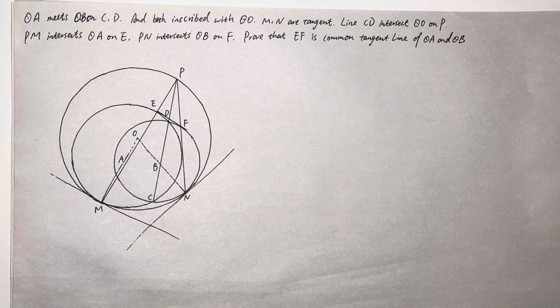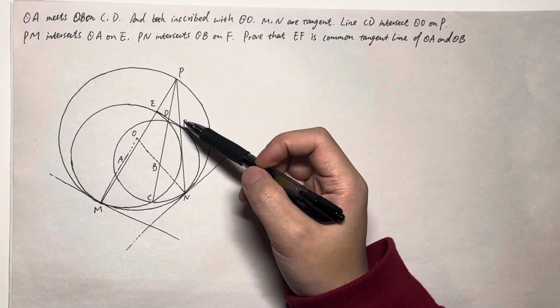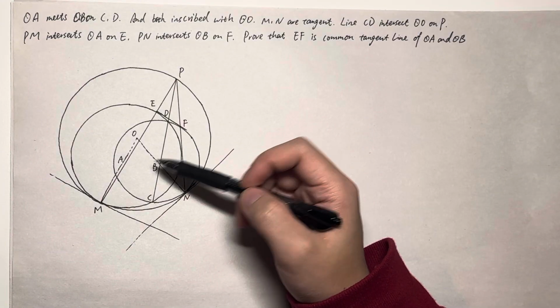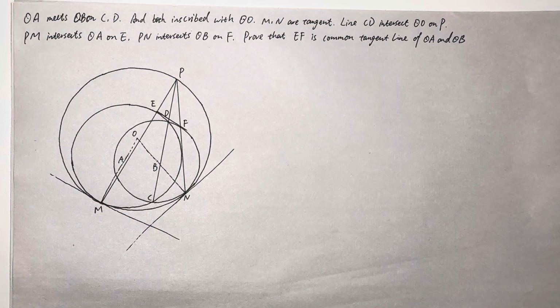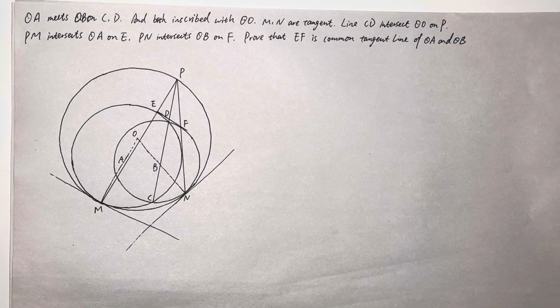And then we need to think about how to prove that EF is a common tangent line of circle A and circle B. Because this problem is kind of symmetrical, once we prove that EF is a tangent line of circle B, with F as the tangent point, we can basically say we have proved the other one too.